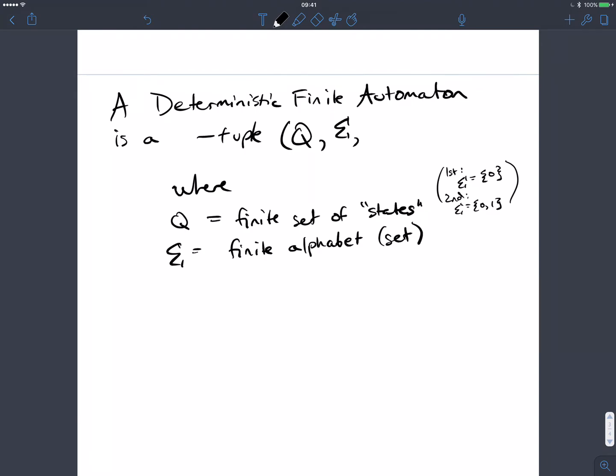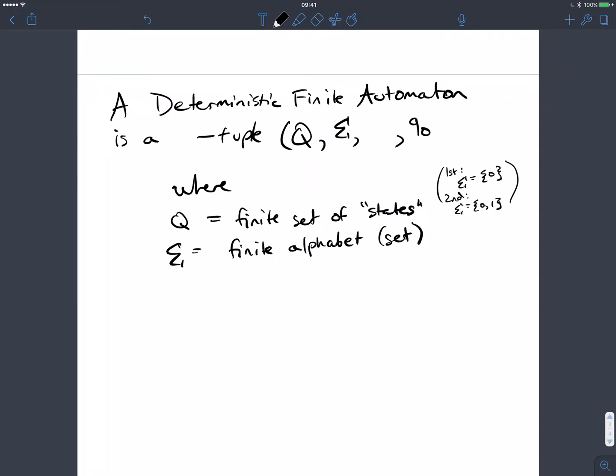All right. What else did we need to do in this model? Yeah, we needed to have that arrow coming in from nowhere. We need some state to be denoted as the start state. So I'm going to skip one for now. I'm going to call it Q0.